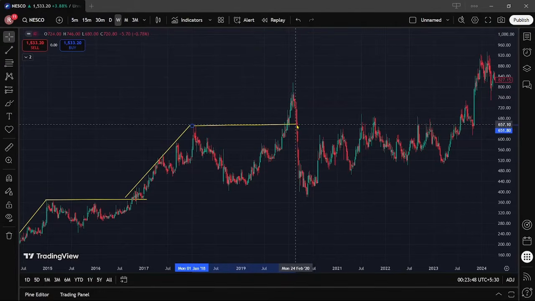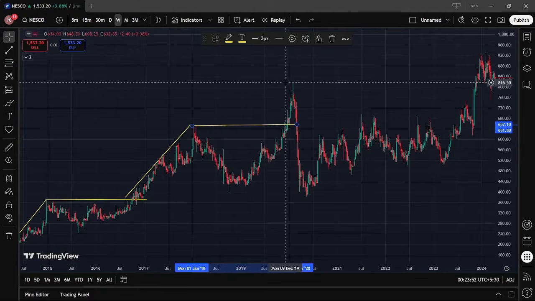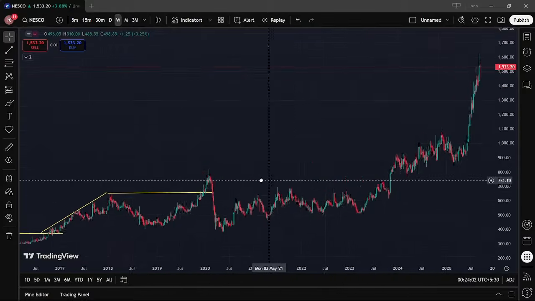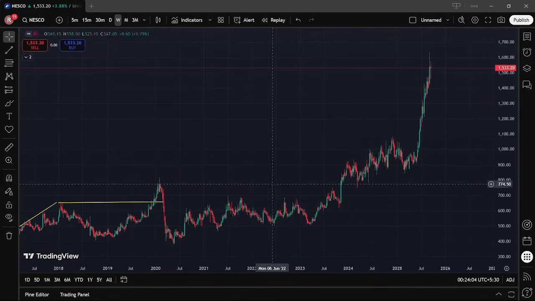It has been in a consolidation. It touched nearly 816, and again it got sharply corrected till 386. This was an exceptional fall due to COVID, so we can simply ignore this.